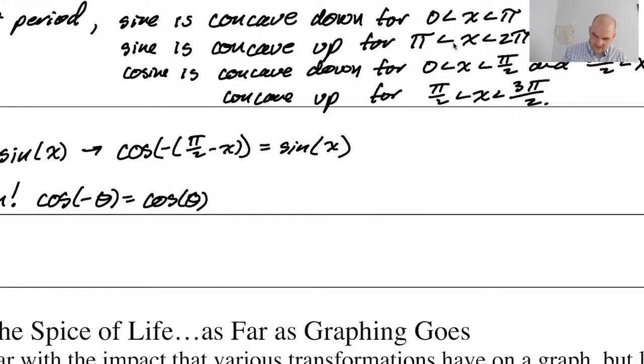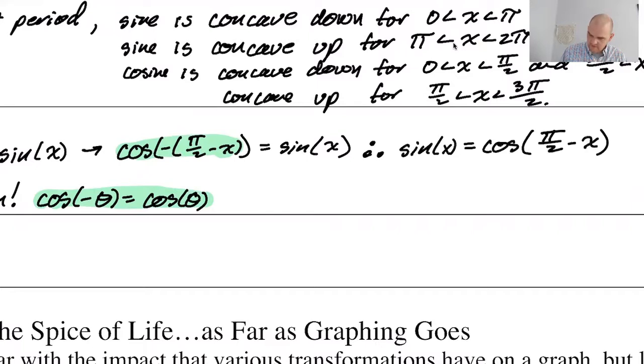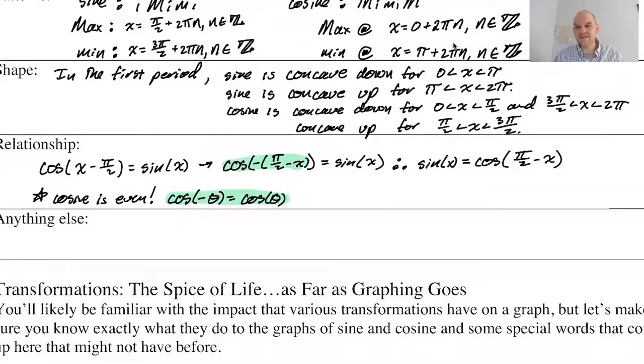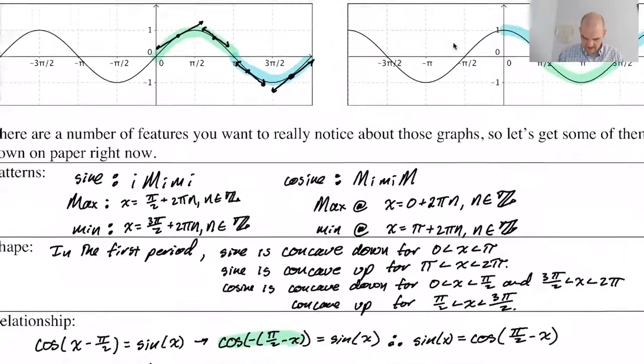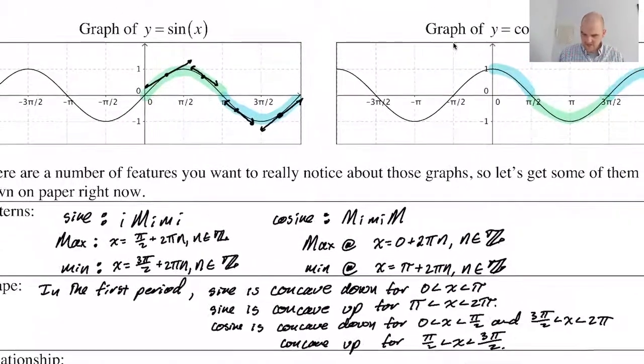Therefore, sine of x equals cosine of pi over 2 minus x. Definitely true. I mean, look at it. If we take cosine and shift it pi over 2 to the right, we will get sine.